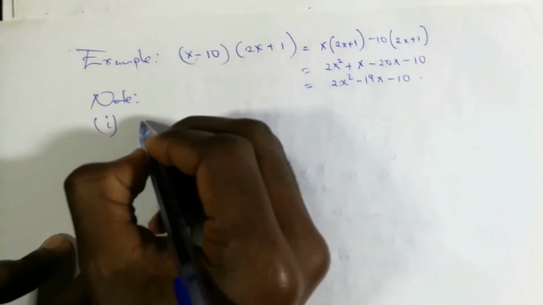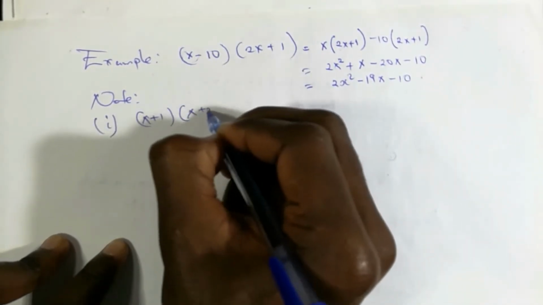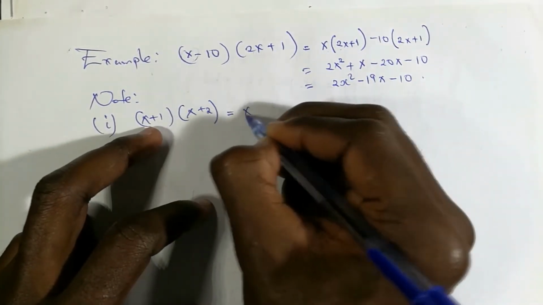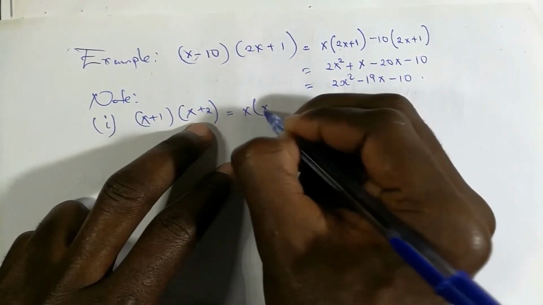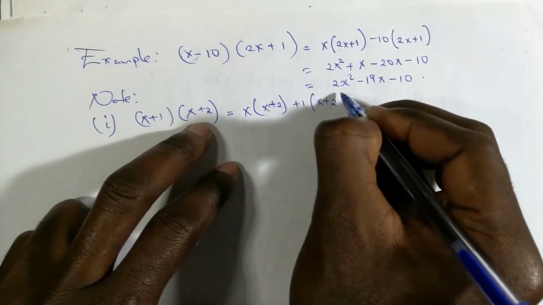Let me say I have x plus 1 into x plus 2. We try to expand this. We're going to have x multiplying each term here, so x into x plus 2, plus 1 into x plus 2.